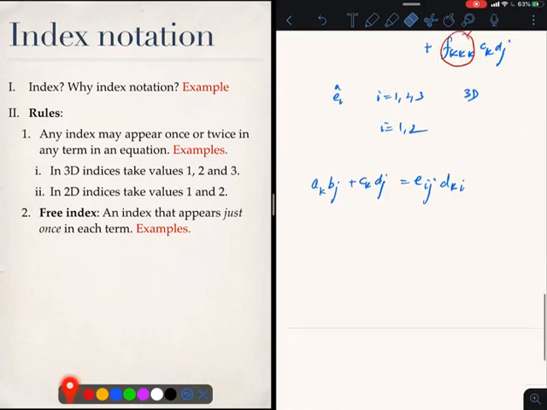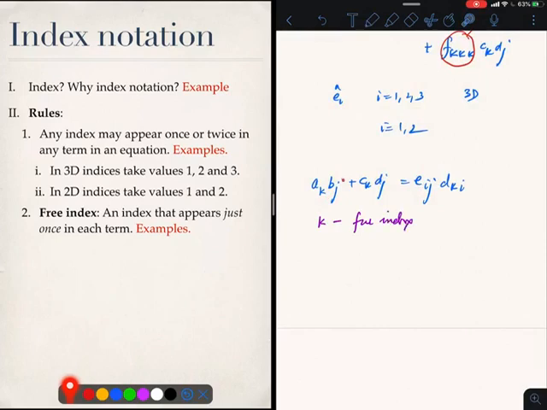Okay, so a free index is an index that appears just once in each term. So let's see. k is appearing once in this term, once in this term, and once in this term. So k is a free index.